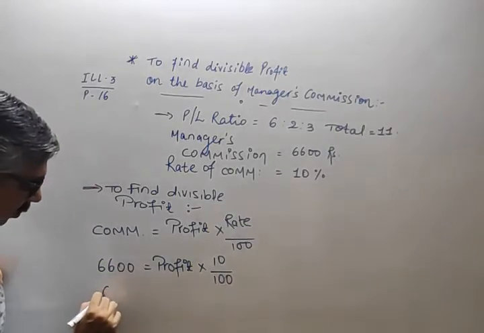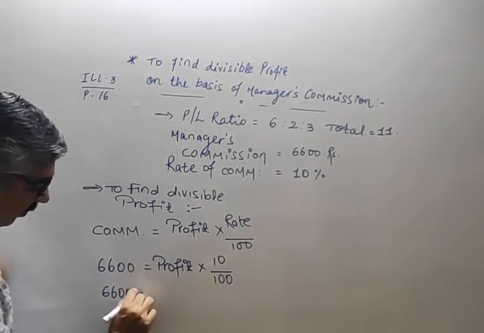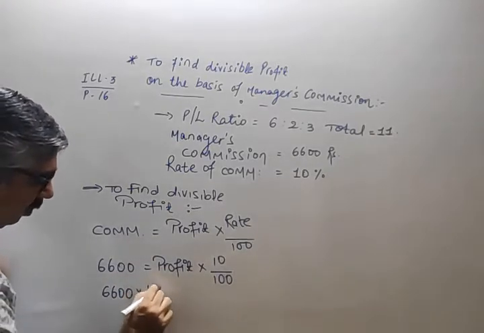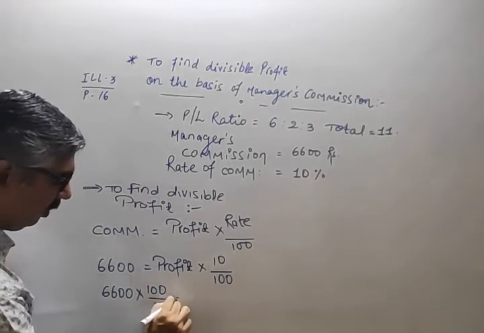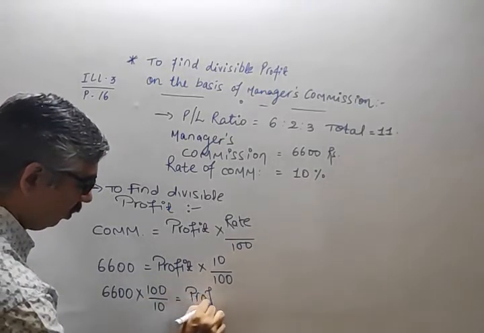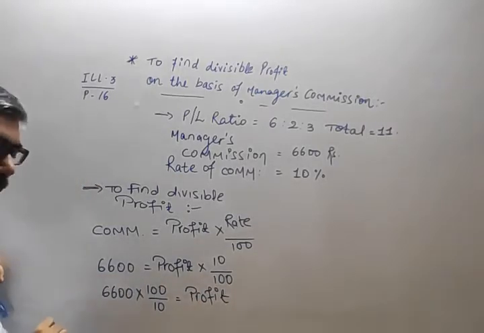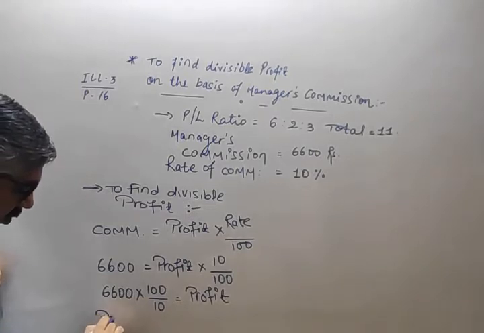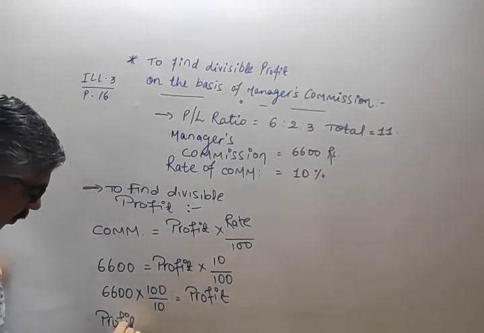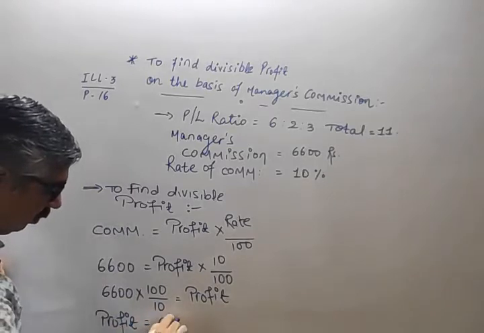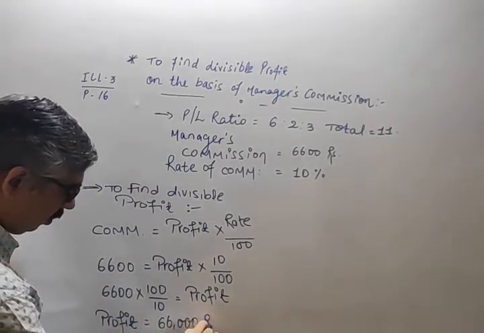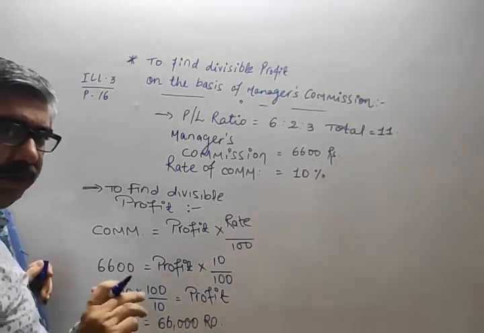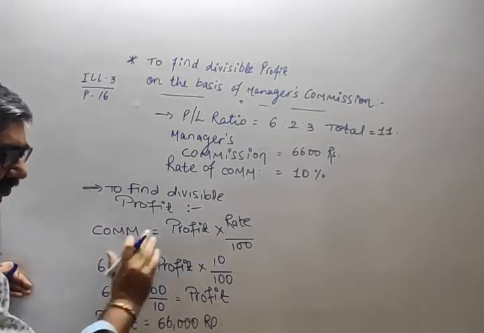Very, very simple. 6,600 into, you can cancel this or you can do like this, 100 upon 10 equals to profit. Is that clear? So finally, profit equals to 66,000.